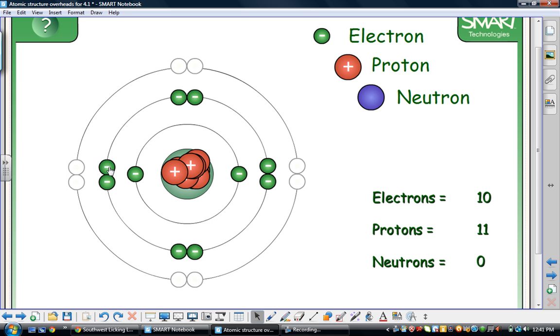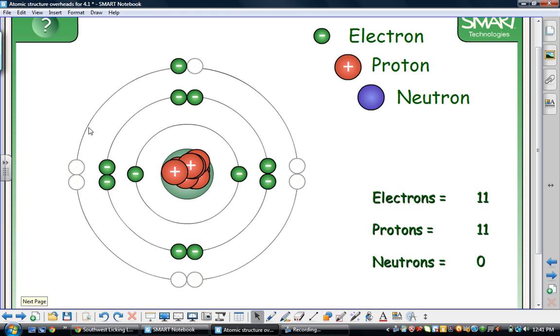Alright, that gets us up to 10, which is not enough. We need 1 more, so we go to the next level. Well, now we've been working with 3 energy levels, and we have 1 valence electron because the outside level has got 1 electron in it. So this particular atom, which happens to be sodium, has 1 valence electron.